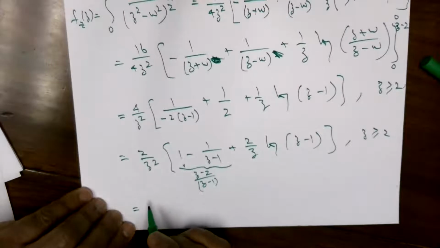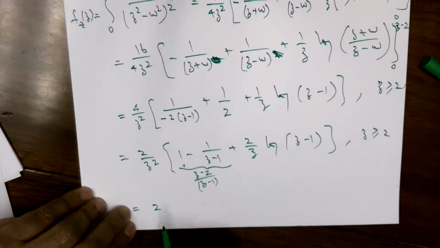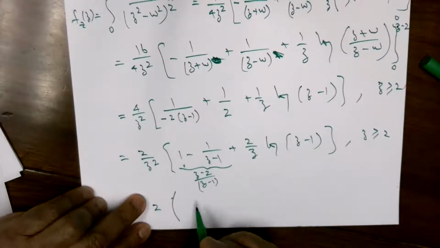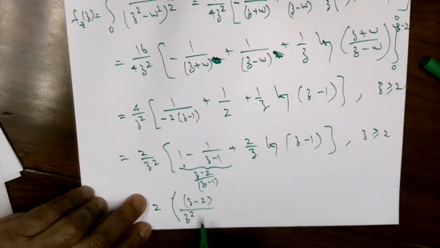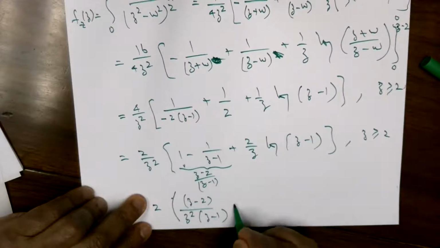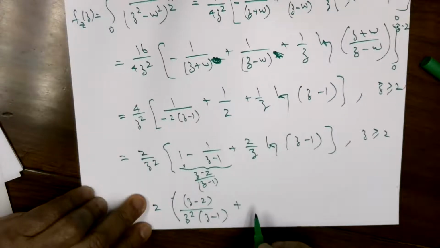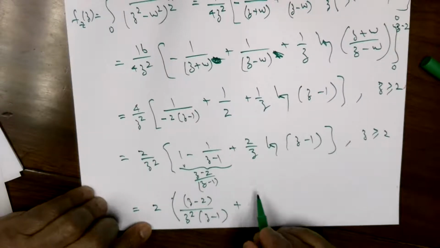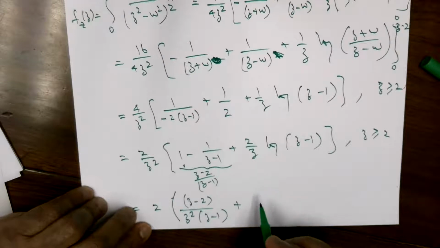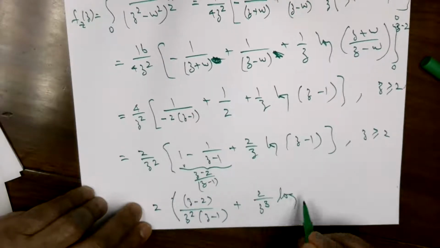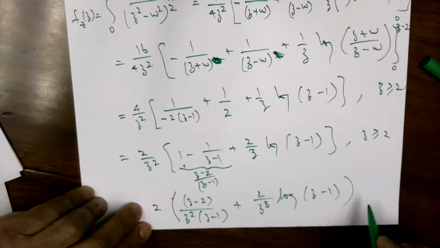So the whole thing can be written as 2 multiplied by (z minus 2) divided by z squared (z minus 1), plus, pulling the z squared outside, 2 over z cubed log (z minus 1), for z greater than 2.